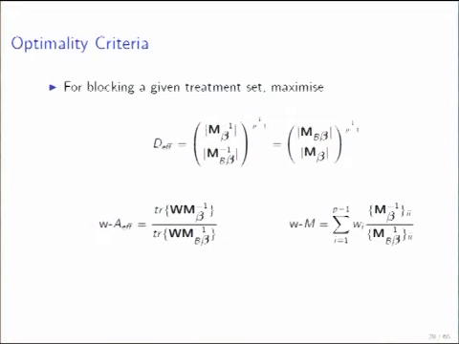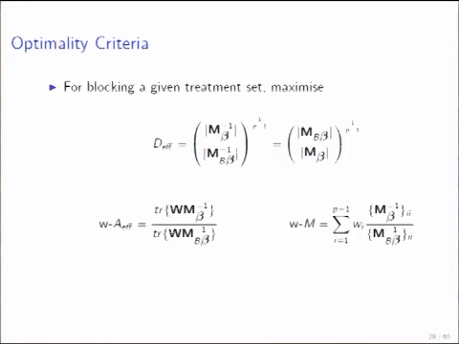And we can also think about the efficiency factors for each parameter, and we have what we call the M criterion, the mean efficiency factor. It can also be weighted, depending on the interest.